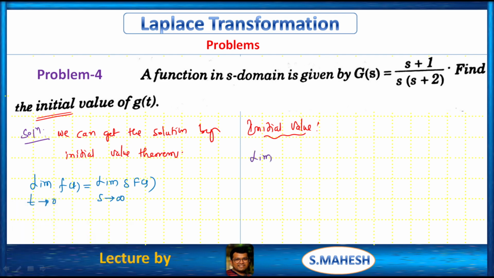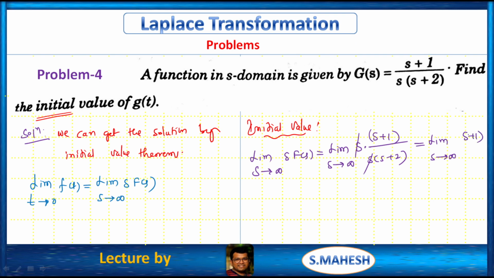Limit s tends to infinity of s into F of s, where s into F of s is (s plus 1) by s into (s plus 2). From this, s gets cancelled. Therefore we have limit s tends to infinity (s plus 1) by (s plus 2).